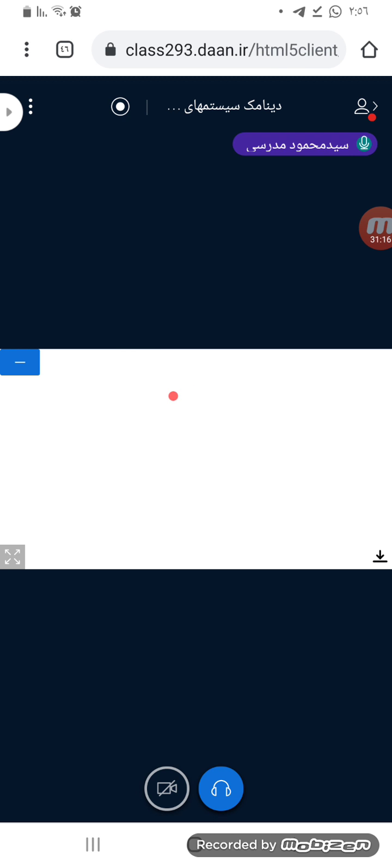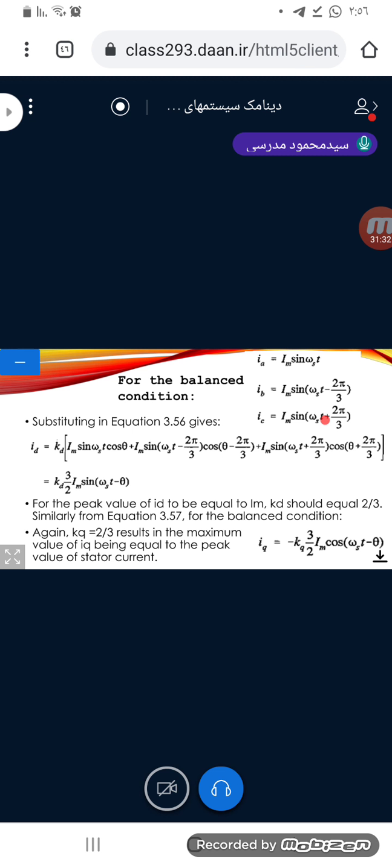For the balanced condition, IA is equal to IM sine omega S T. IB is equal to this equation, and IC is similar to IA and IB, but different in the angle by 2 pi divided by 3.